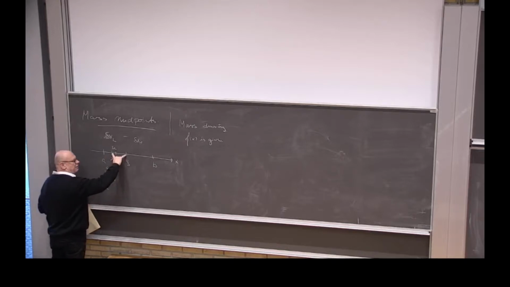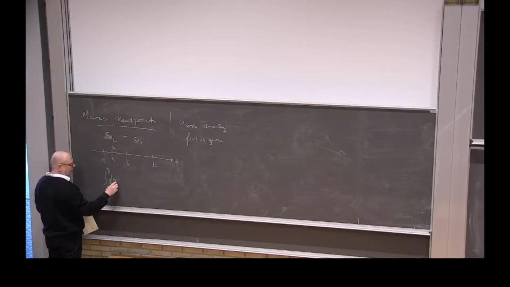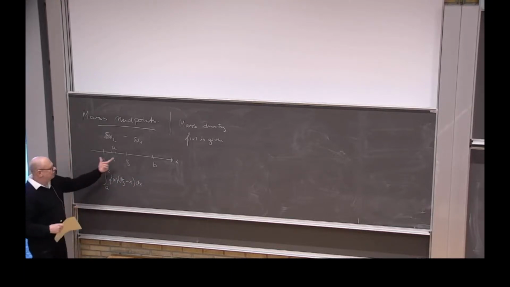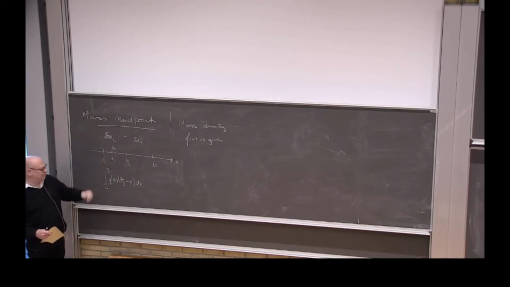But then you have this arm here, so it will give a torque around this point. So you get f(x) times this distance, which will be c minus x, and then dx. So this will be the moment around this point of this part of the stick.